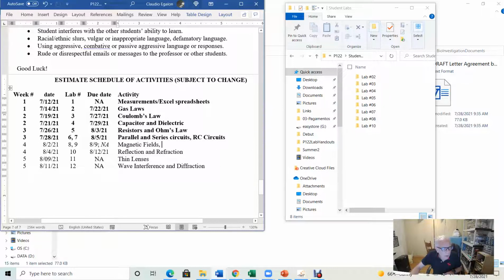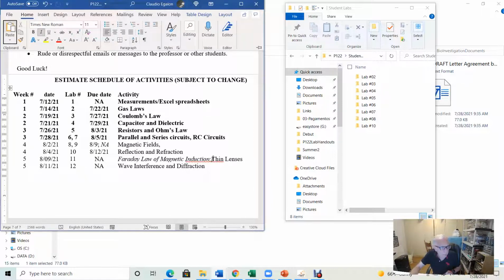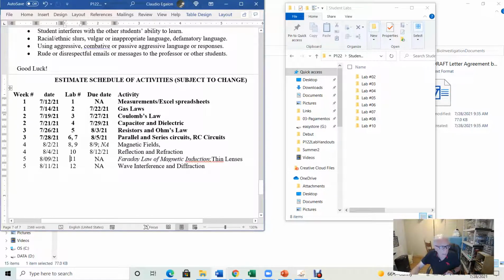Let's do it this way. No lab report for inductances. That's going to be number 9. And there is a lab report for this one. See, that's what I did the first time I taught this course.